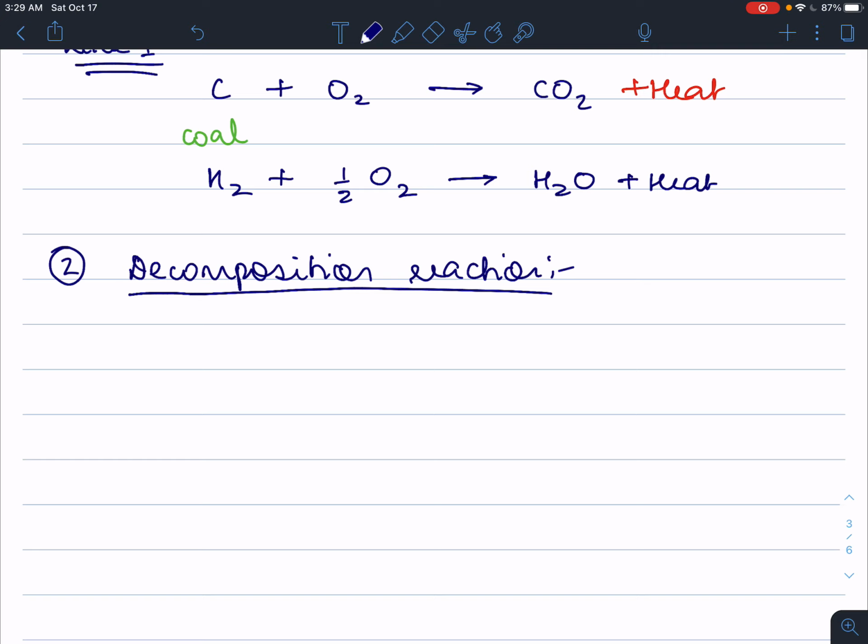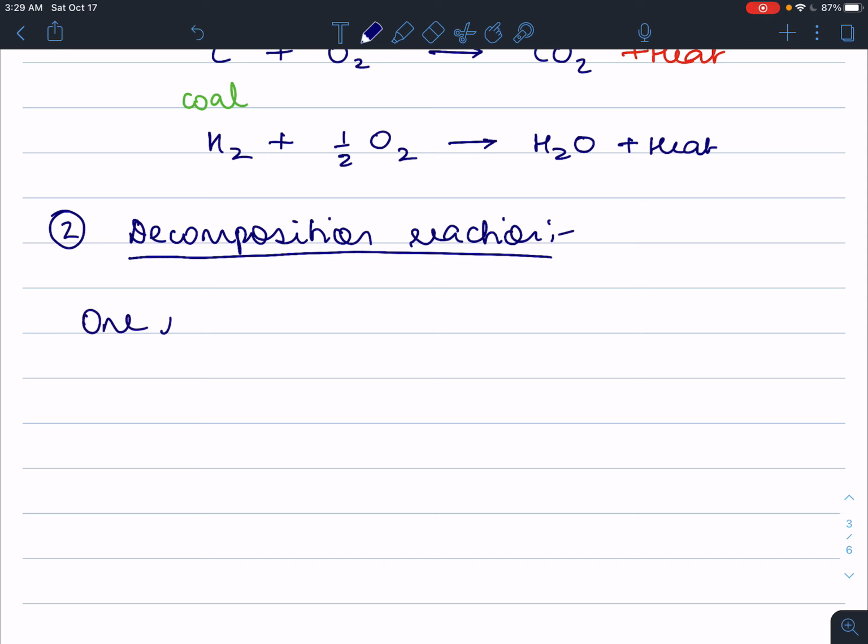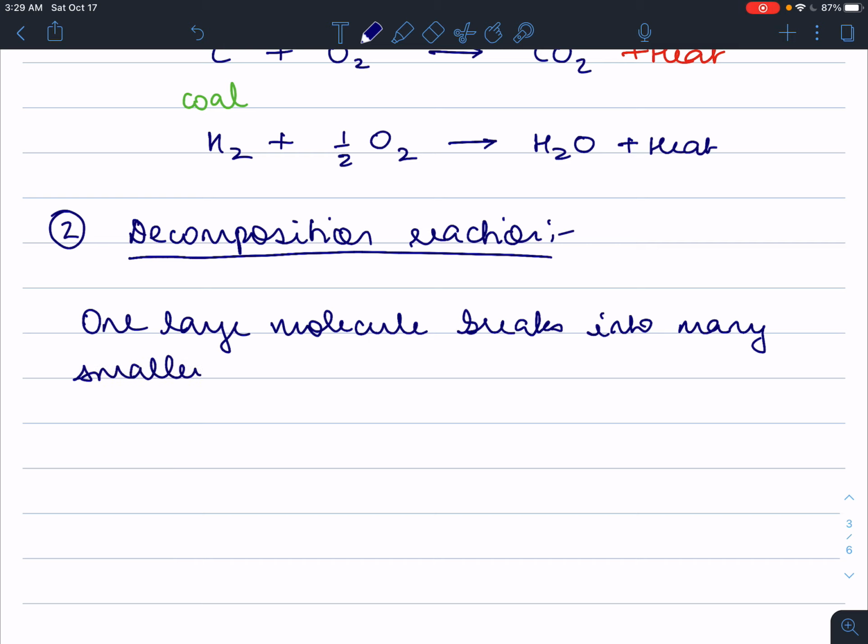So here, one large molecule breaks into many smaller molecules. So what could be an example for this?